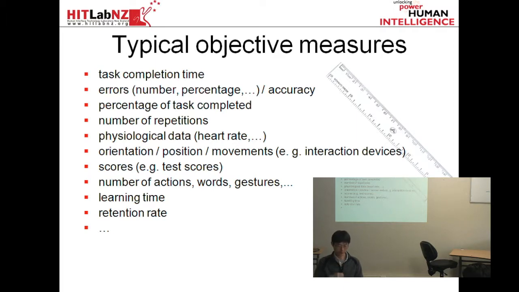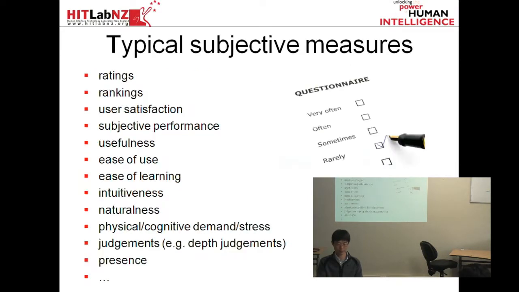Scores, such as test scores, could be objective measures, as well as the number of actions, words or gestures, so how many actions you have to do for certain tasks, or the time it took for people to learn something, or how many things they remembered after using a certain interface. So those are objective measures, and most of them are quantitative, in numbers, right?